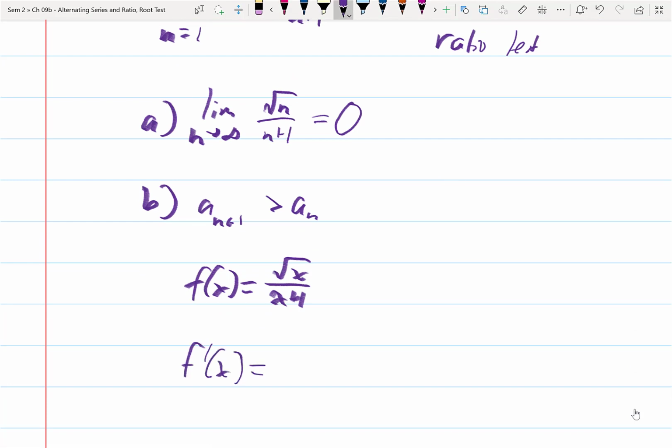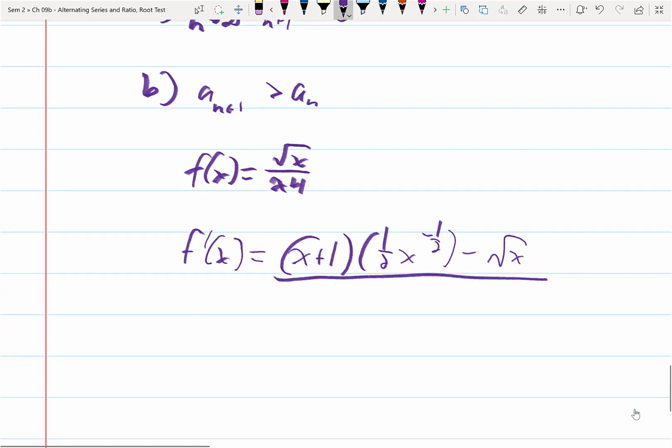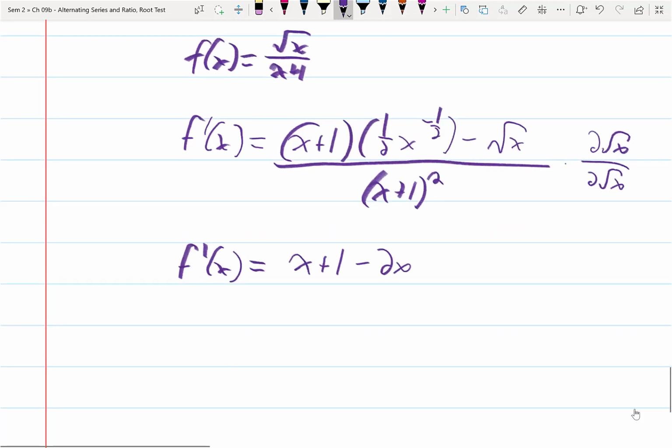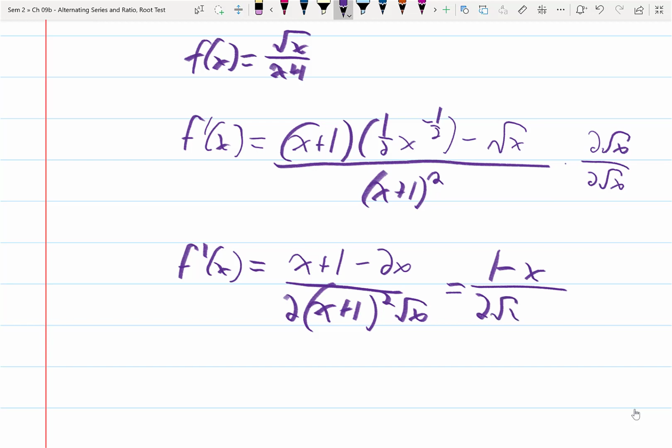So f prime of x is equal to low d high minus high d low over low low. If I multiply by 2 root x over 2 root x, I get x plus 1 minus 2x over x plus 1 squared times 2 root x, which is 1 minus x over 2 root x times (x plus 1) squared.